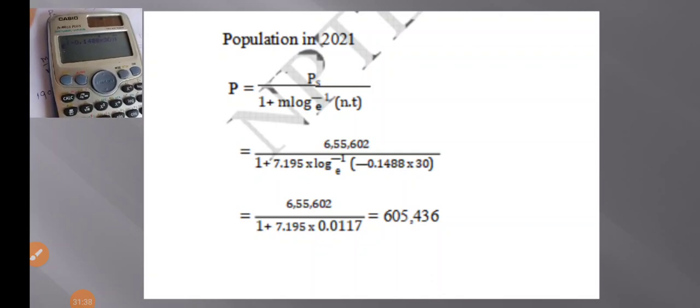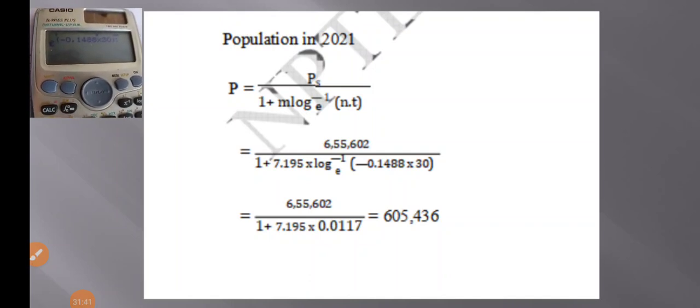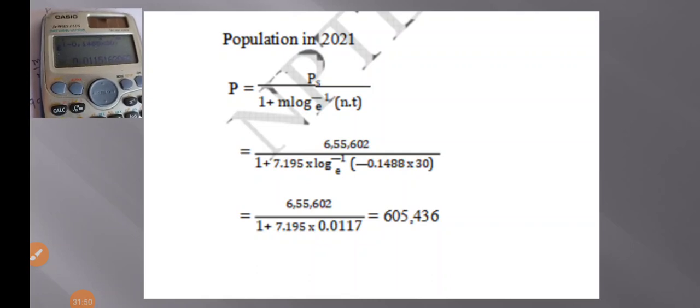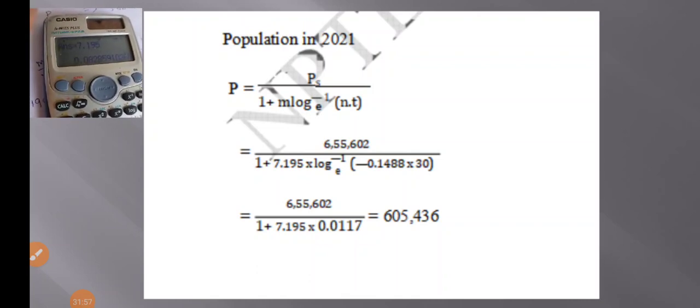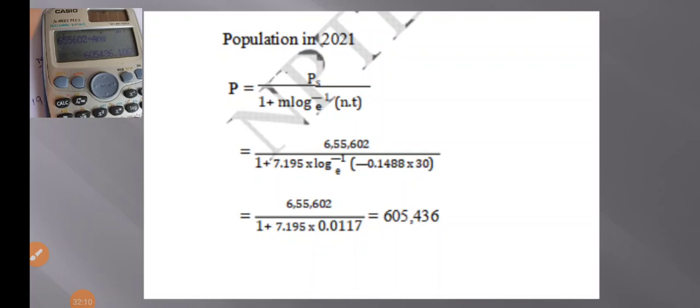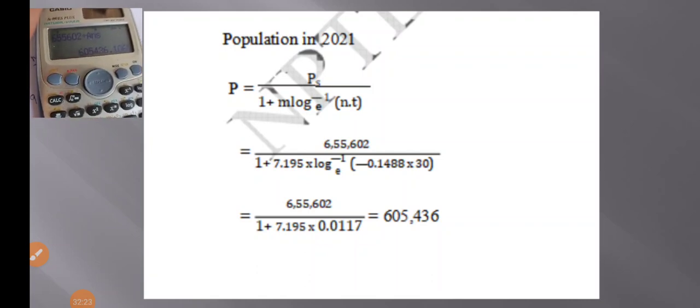That should be multiplied with 7.195. Then you add 1, and divide 6,55,602 by the answer. The population in 2021 is 6,05,436. I think we have got the same value on the calculator.